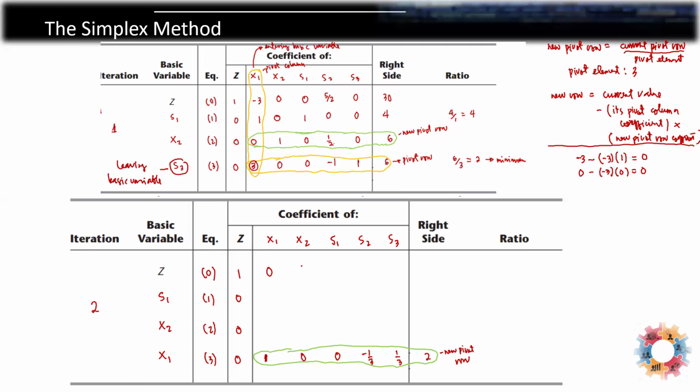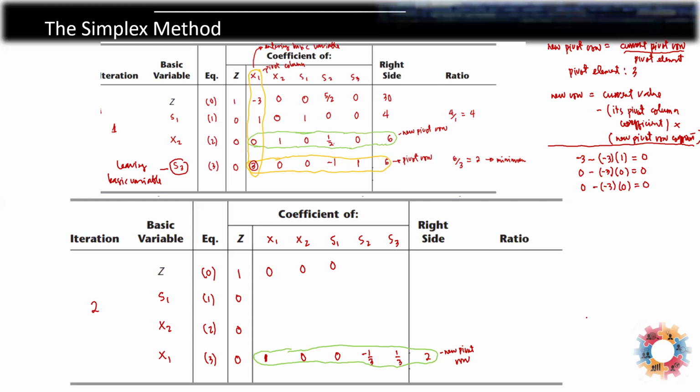So this is 0. And then 0 under S1: 0 minus negative 3 times the new pivot row coefficient 0 is equal to 0.